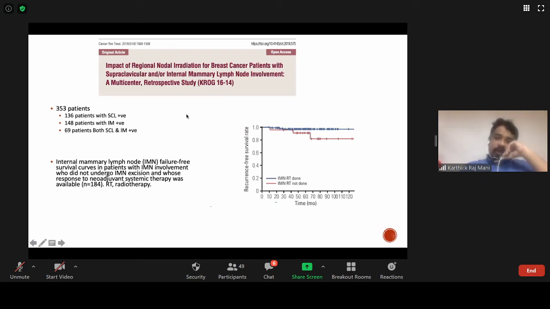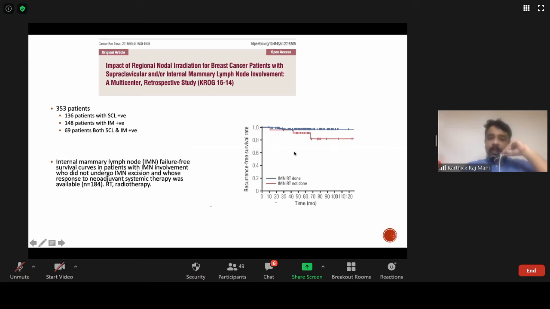Regarding IM node recurrence, when you do neoadjuvant chemotherapy, normally 80% of the IM nodes have been taken care of. In this study there were 353 node-positive patients, of whom somewhere around 148 had IM involvement, and they had a relapse of about 20% where they were given IM radiation.